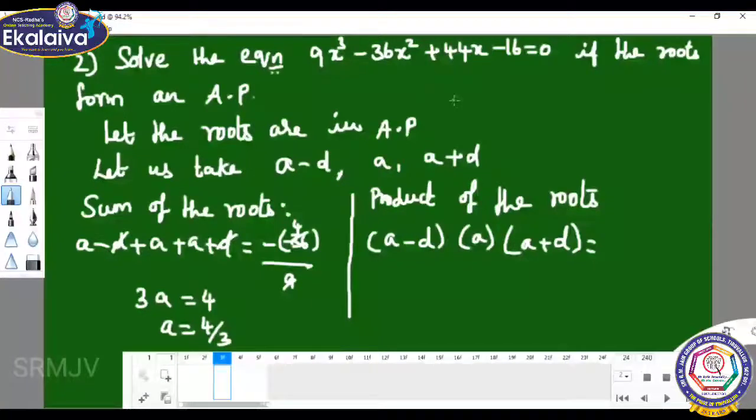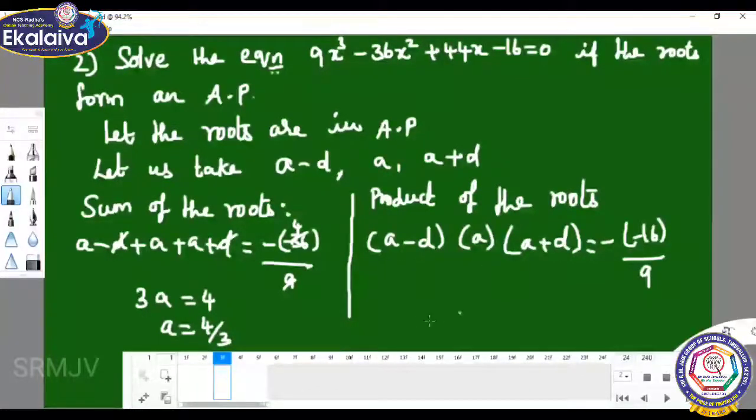See, this is minus B by A. This is C by A, the product of two roots. And the product of the roots is what? Minus D by A, that is fourth term by last term. Minus of minus 16 by 9.